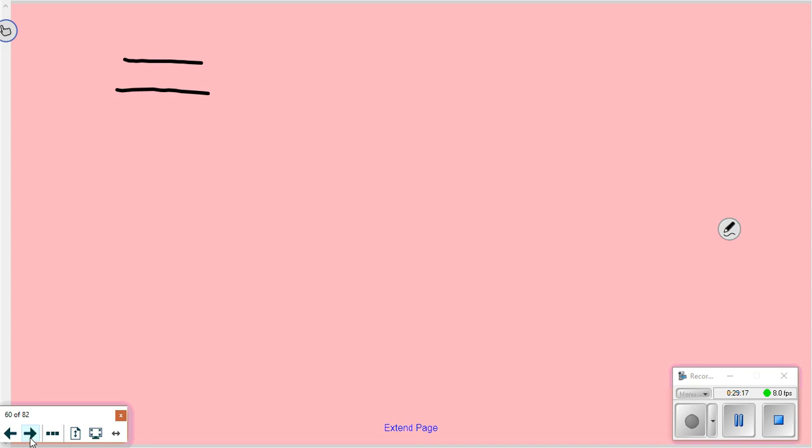We've been using that symbol all year. Ariana, what does that symbol mean? Okay. Yeah, we've got the same value. I'm writing, you're writing.